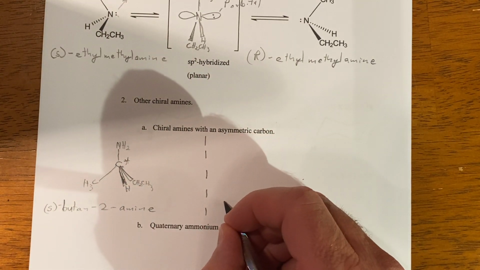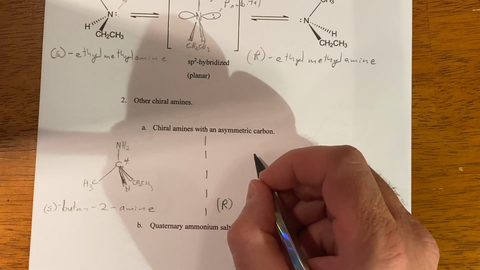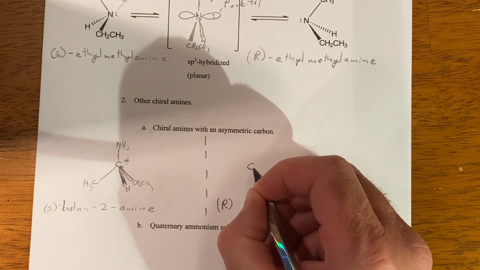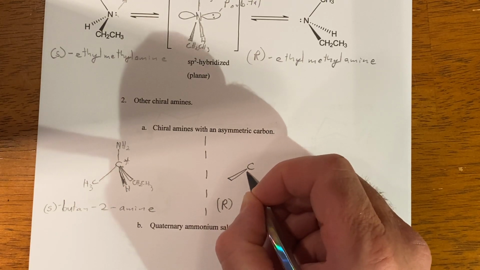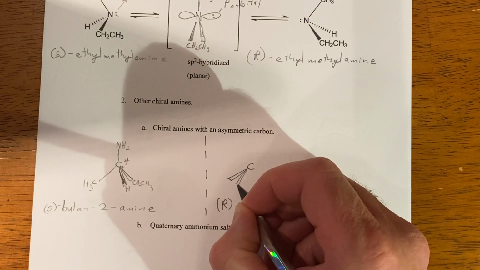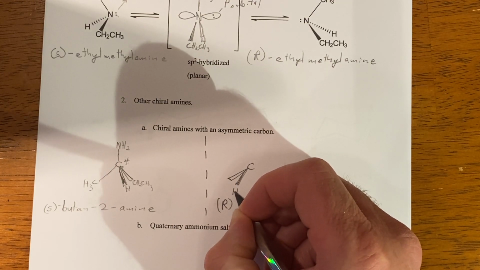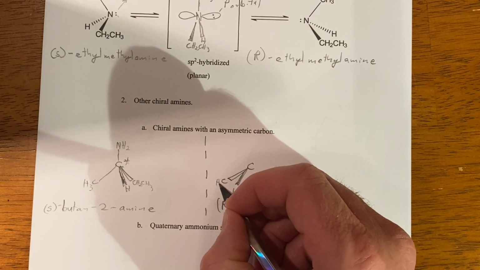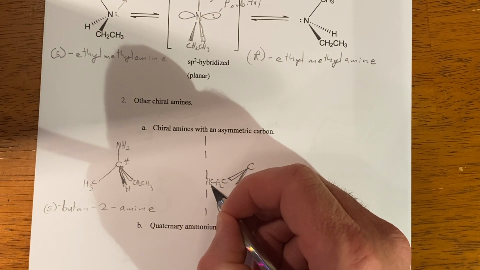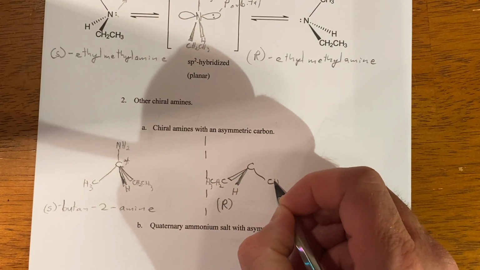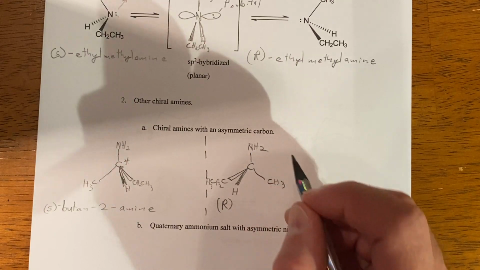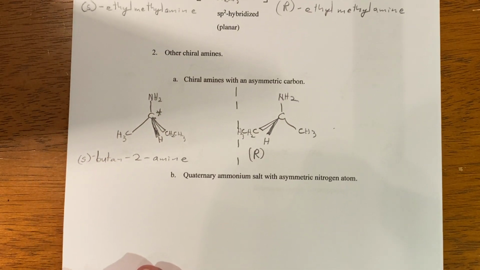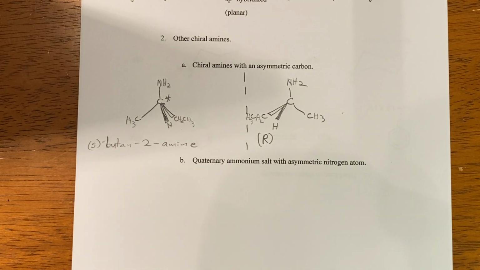So if we draw the R-butan-2-amine, it would look like this. Okay, and so we can isolate both enantiomers.